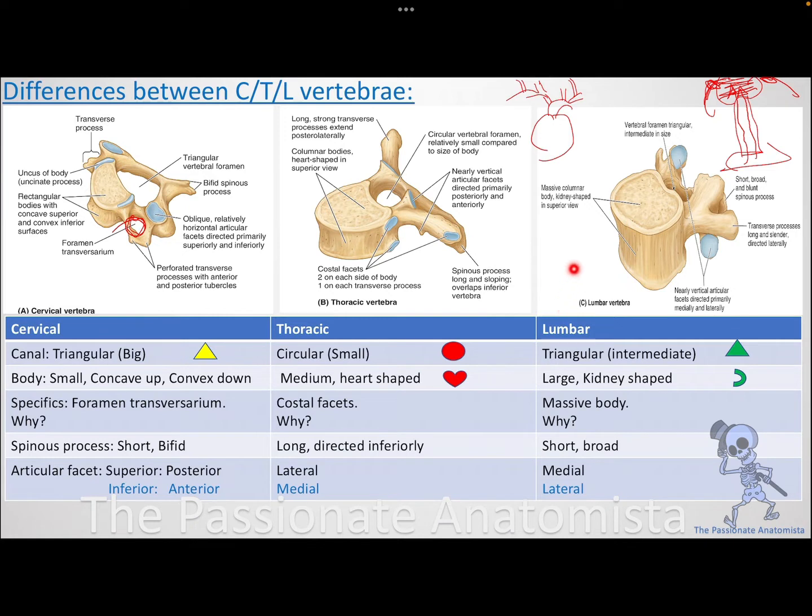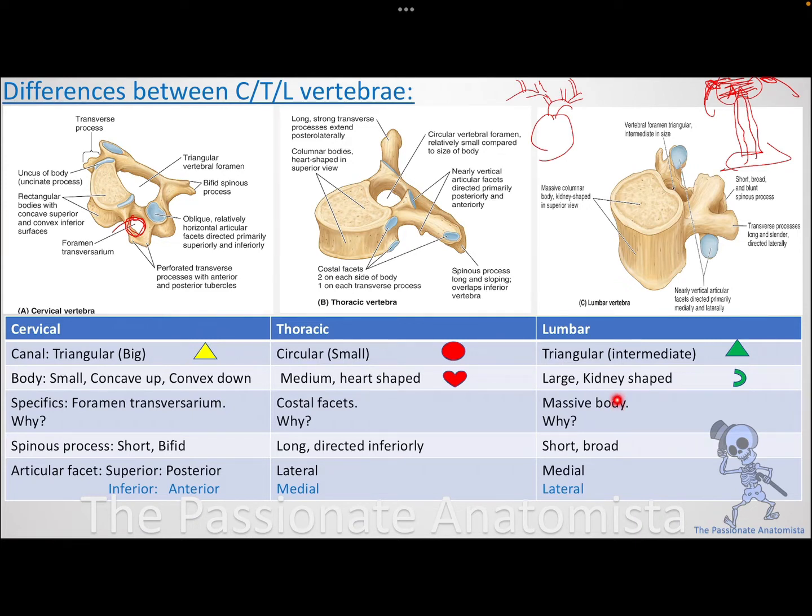And the final thing here is the lumbar vertebra, all right? It has the bigger body, of course, because this is where you have all of the weight of the stuff above. And here things are going to be shorter. So the transverse process is going to be shorter and the spinous process is going to be shorter than the others, right? And these are going to be the classifications.